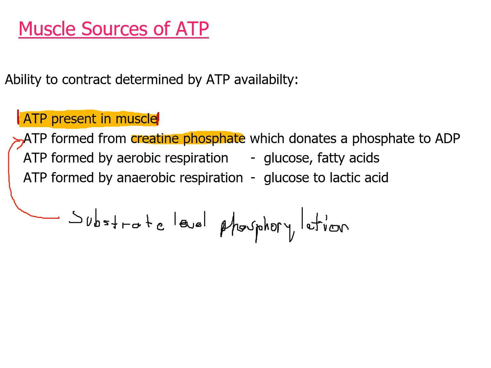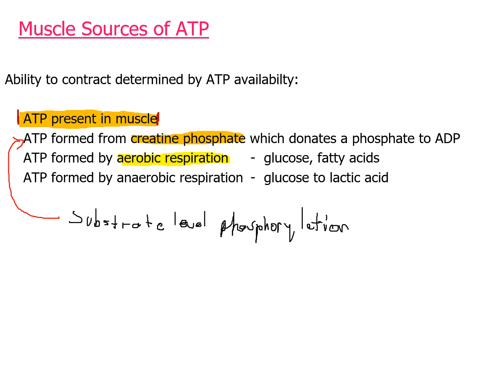By far the largest amount of energy, ATP, produced in muscle is derived from the process of aerobic respiration. When we're talking about aerobic respiration, we're talking about the use of the energy in carbohydrates, and sometimes fatty acids, but mostly carbohydrates, to generate ATP.